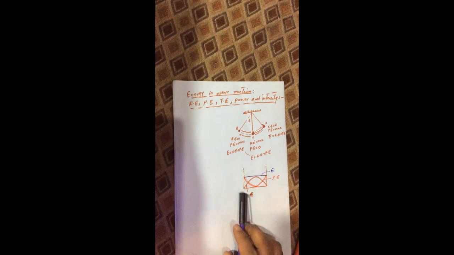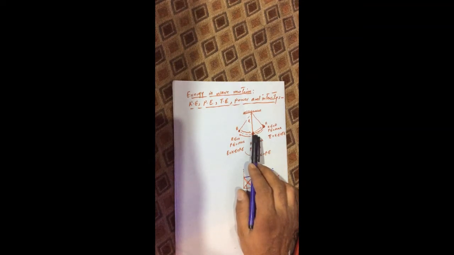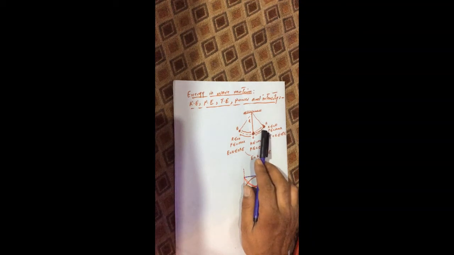So at extreme positions, when the bob covers the maximum displacement, potential energy is maximum, while kinetic energy is minimum.